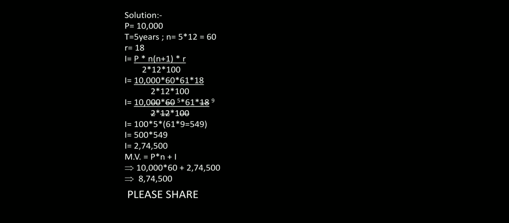The maturity value is P into N plus I, as stated in the formula, which is the total principal, principal into the number of months, plus the interest. So principal into number of months will give you 6 lakh plus 2,74,500, which will give you 8,74,500.